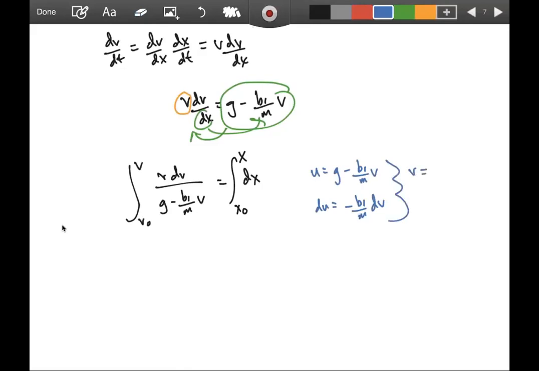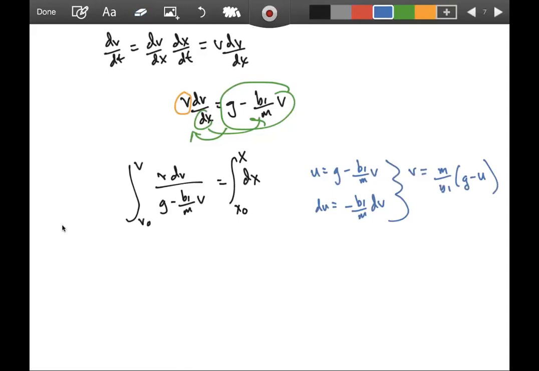So v is going to become equal to m over b1 times g minus u. So this is my v. All I did was add the second term to the left-hand side, subtract the u, and then multiply by the inverse of that.